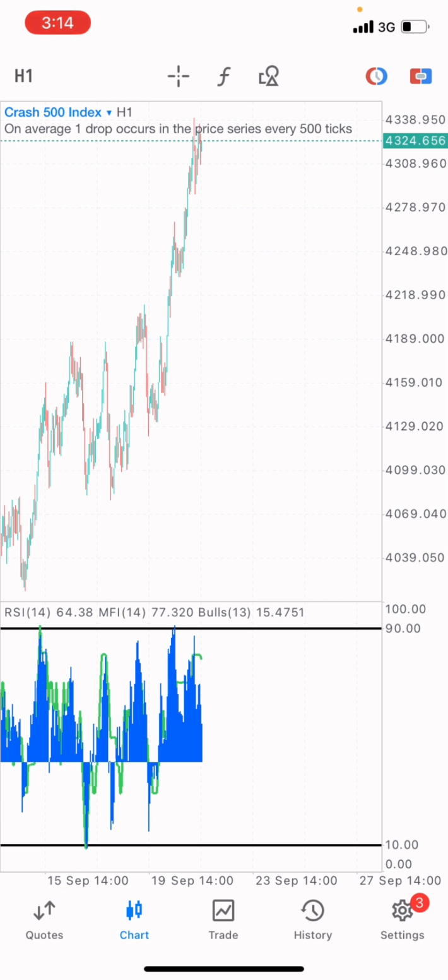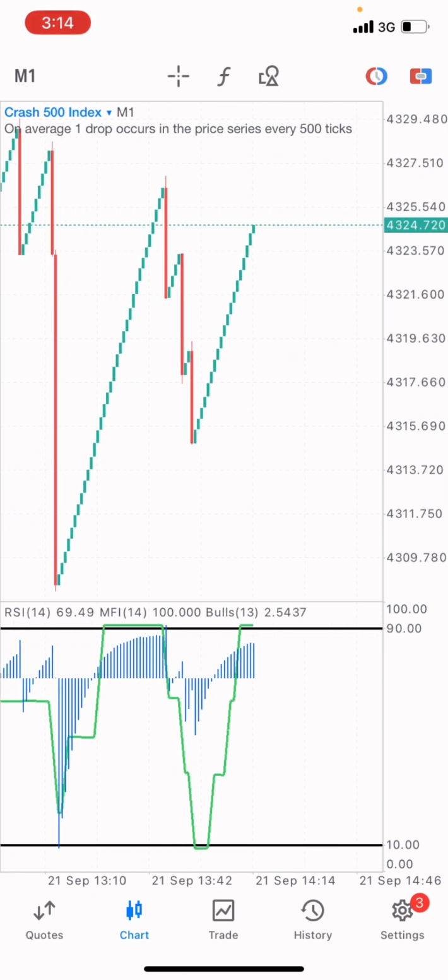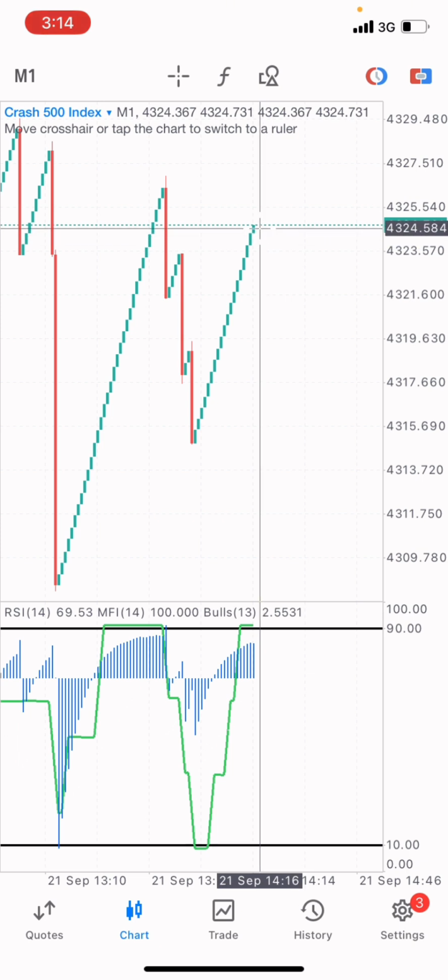So now we have confirmed this good entry, that this market is a sell market. So we're going to the 1 minute time frame to scalp this market successfully. On the 1 minute time frame, this market has bought right now to this point. So we're not going to buy this market, we're going to look for a sell entry. But what we're going to do right here is that this strategy is only for taking buy positions.